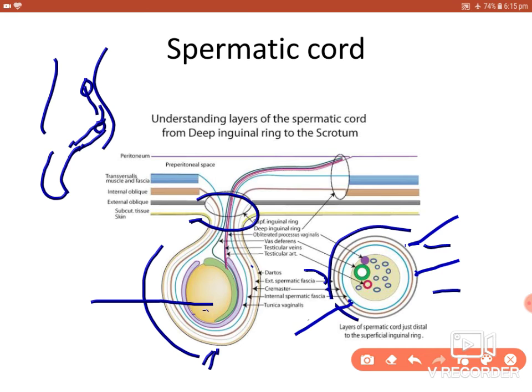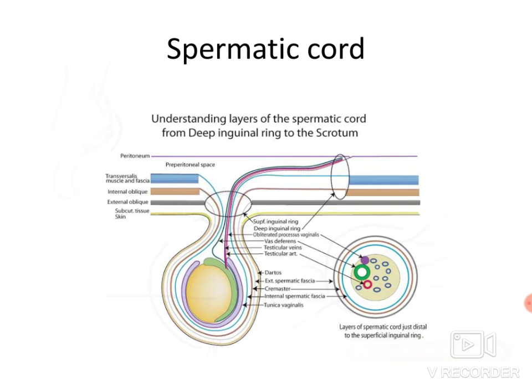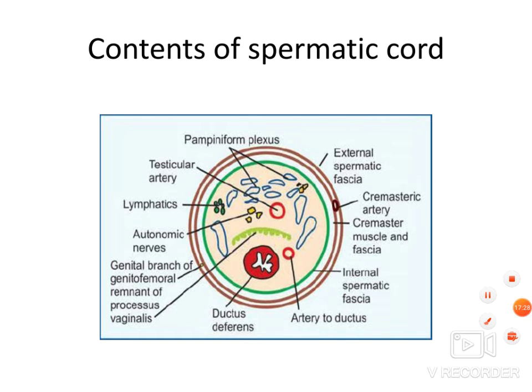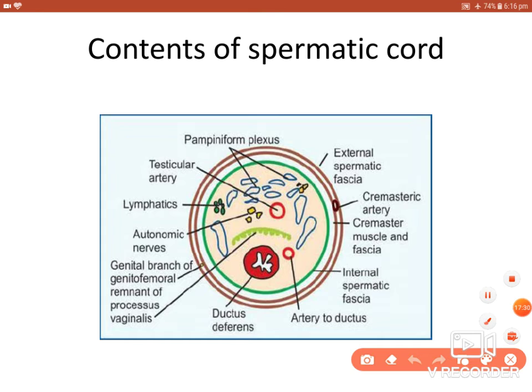Here next are the contents of the spermatic cord, the structures you can see in the spermatic cord. An important structure we already know, this is the ductus deferens. Then here you can see the artery to the ductus deferens.